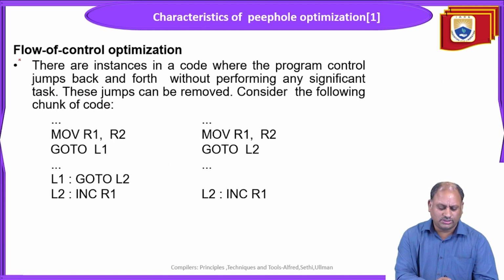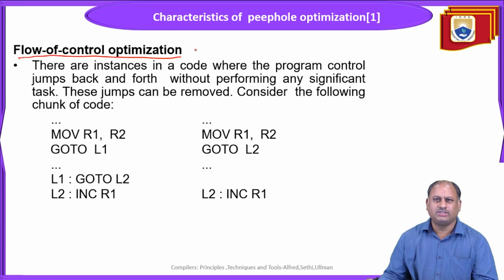Another important one is flow of control optimization. That is also a transformation, an optimization technique, where there are several instances in a code where the program control jumps from one place to another. We are able to judge whether performing the task is possible without performing those jumps, and the result is to be verified.